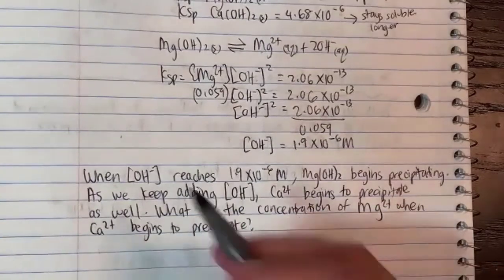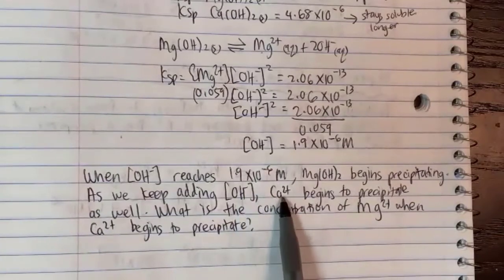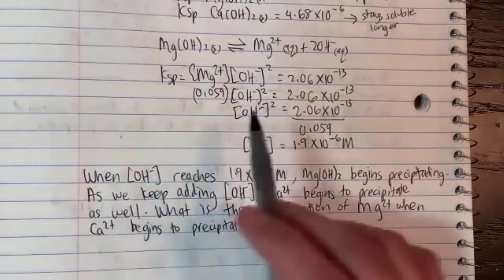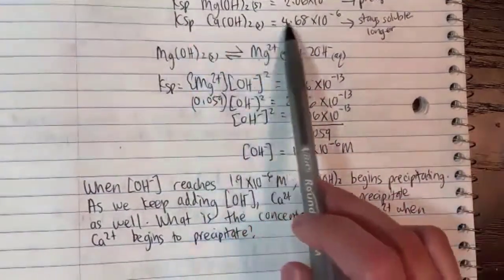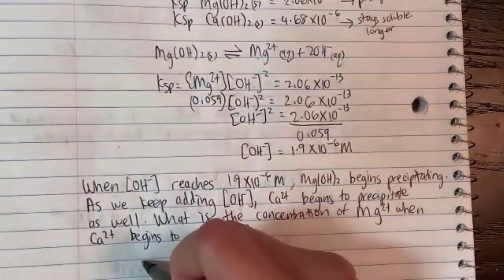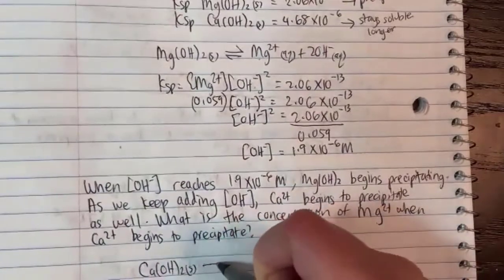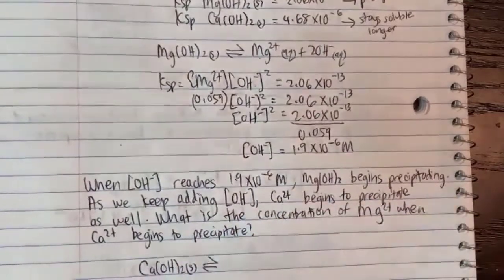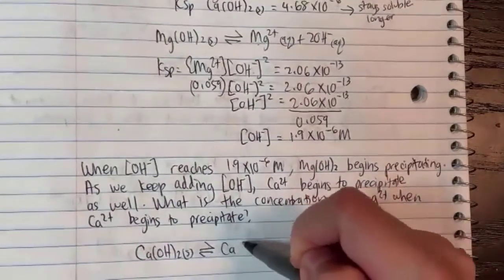The first step is I have to find the hydroxide for when my calcium is going to be precipitating. So Ksp was written up here, right? And I can write the equation for calcium. It's going to be calcium hydroxide. It's a solid. So remember, when you're writing for Ksp, it's always a solid on the left side, and on the right side is the ions.